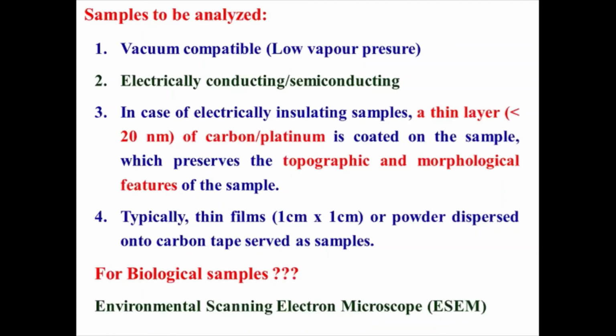If you have a very high order of vacuum, then the life of the cathode is also extended. Because of these two reasons, you require low pressure conditions in the instrument.